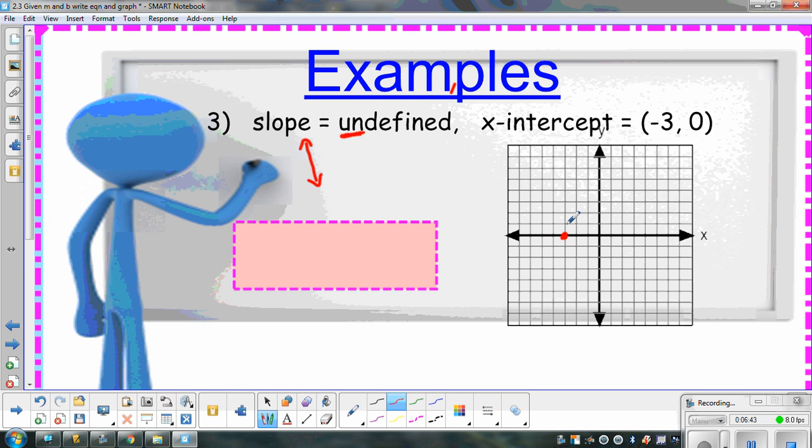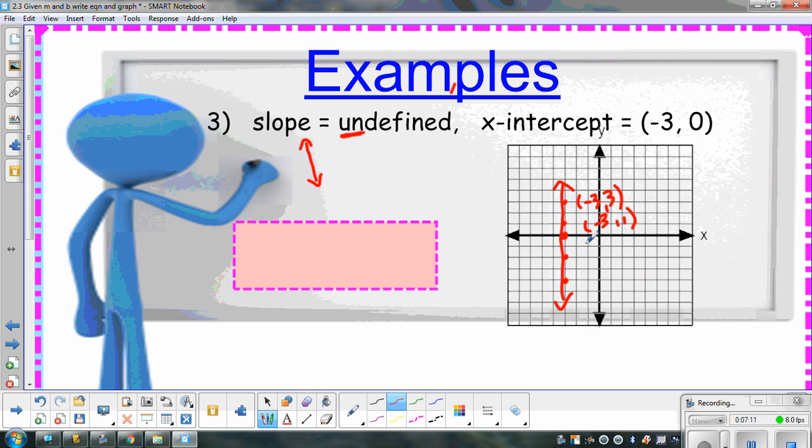That means any point I pick to draw, its x value would be negative 3. So any one of these points, if I write their coordinates, their x coordinates are the same. What all of these points have in common: this is the point negative 3, 1.